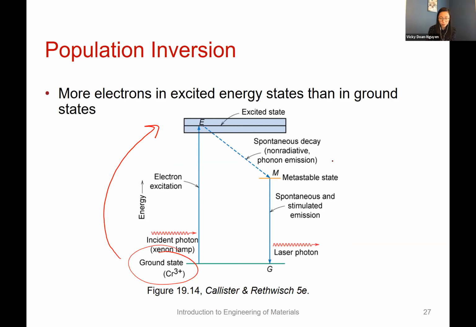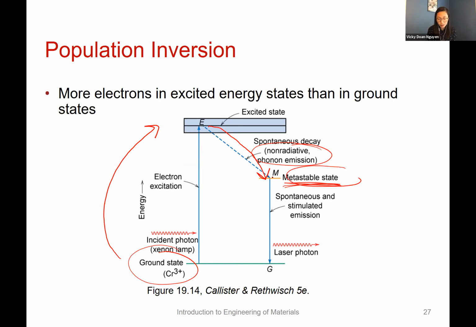But in ruby, as we've seen, there are some trap states, some metastable states. And so those electrons can relax to the metastable state, and what you don't see is emission, because that's non-radiative phonon emission. So your atoms are vibrating, but you don't see a light emission.